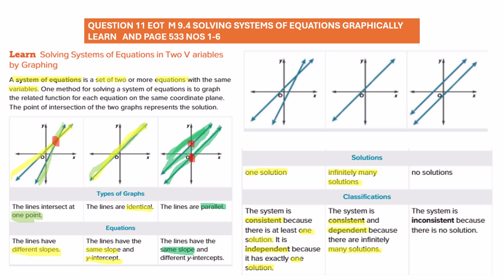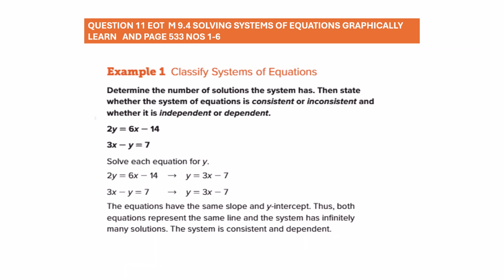We can also see that there is no crossing over of these two equations. So that means that there are no solutions. And this brings us to the conclusion that the system is inconsistent because there is no solution. So let us see how we go about answering the rest of the questions.